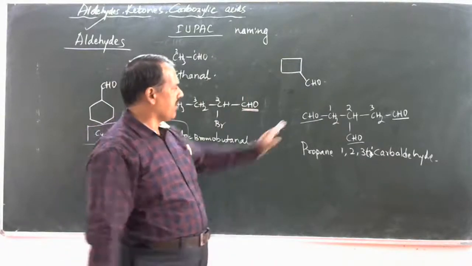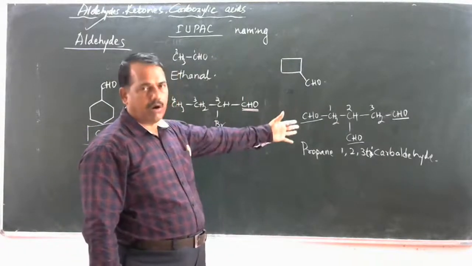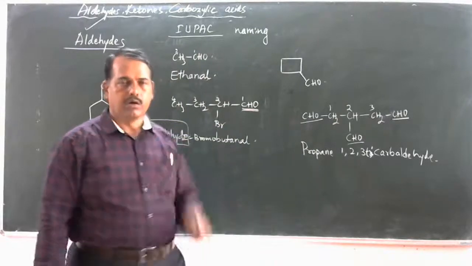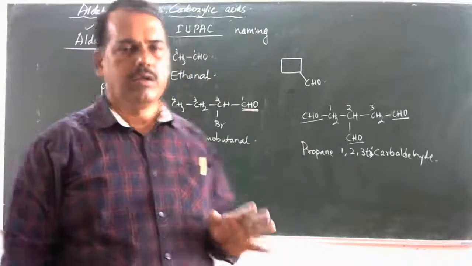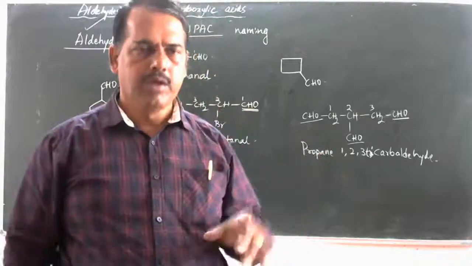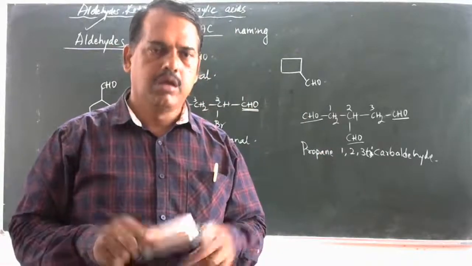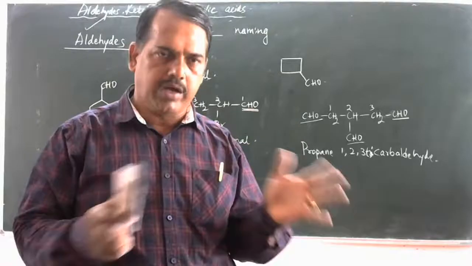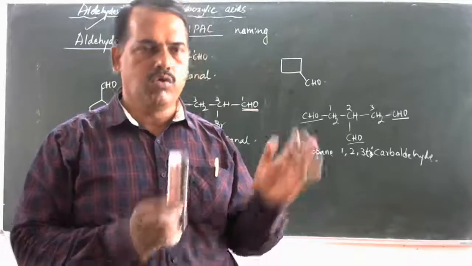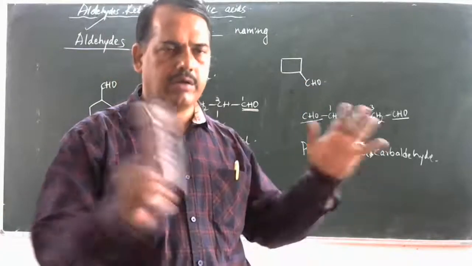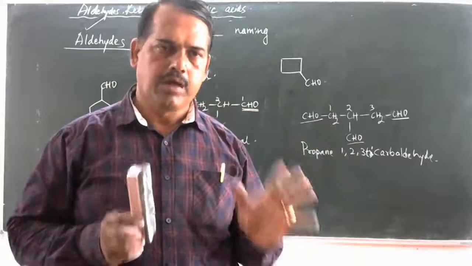This is how to write the IUPAC name of aldehydes, a very simple analogy. If a ring structure is there, or if more than 2 functional groups are there, then you have to use the word carbaldehyde. That's all.